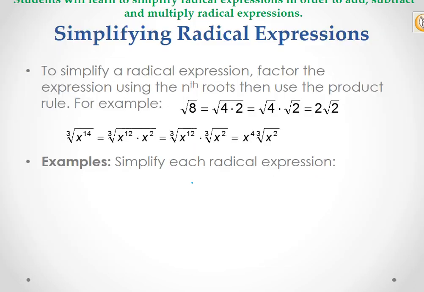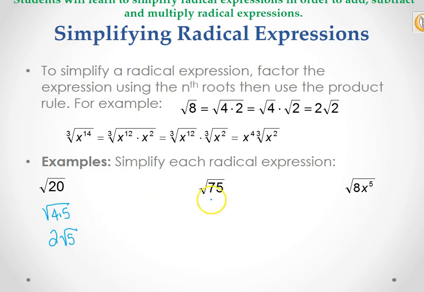Okay, so when we simplify radical expressions, this allows us to break things down into what we know and what we don't know. So if we have the square root of 20, we're looking for a perfect square that goes into 20. The square root of 20 is the square root of 4 times 5. And the square root of 4 is 2, and we don't have a nice pretty number for the square root of 5.